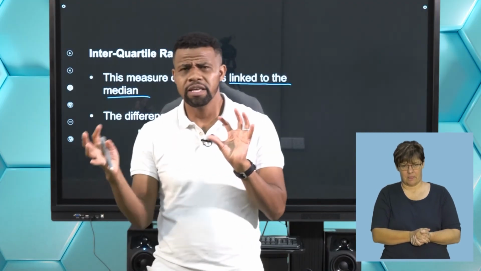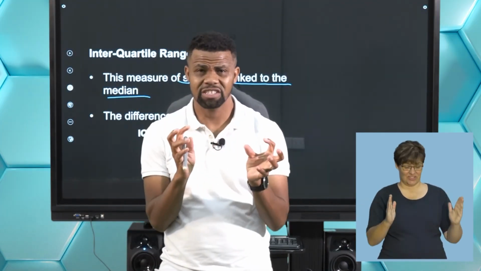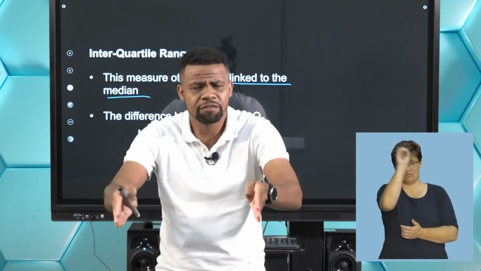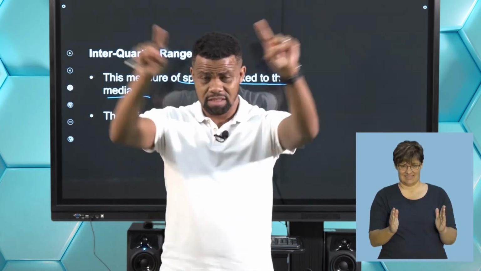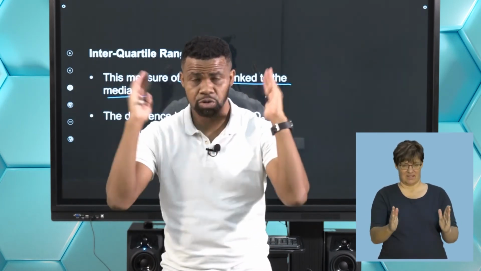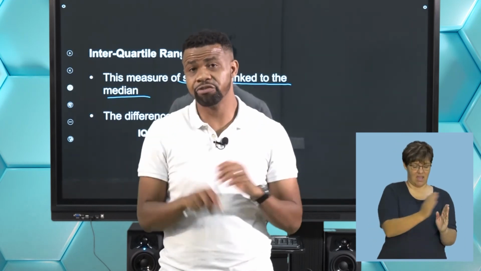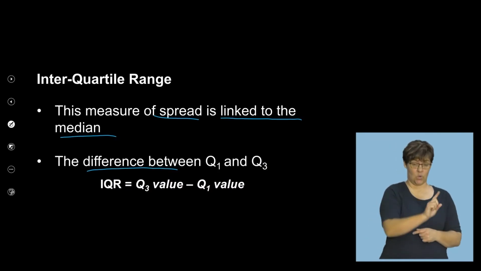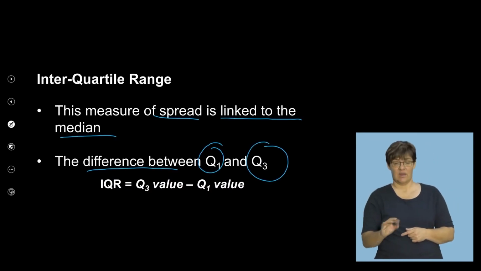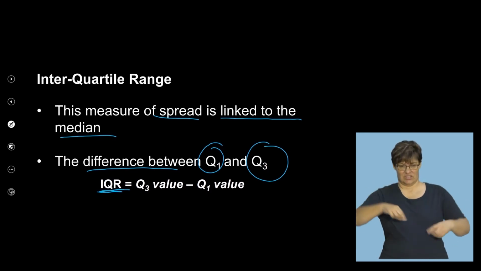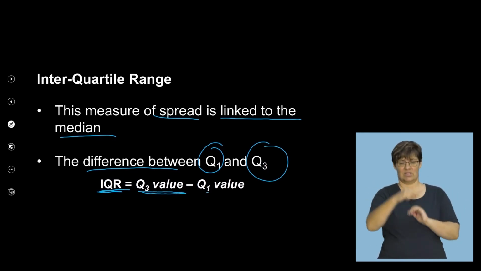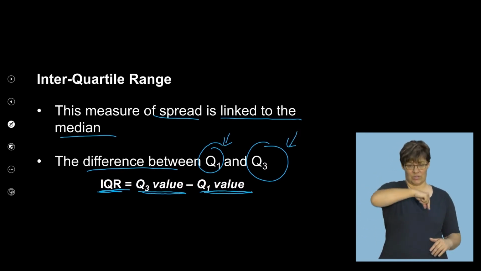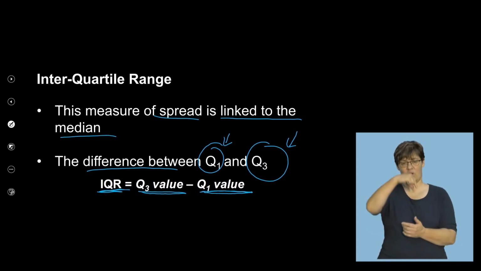The interquartile range is actually the range of the middle 50% of the data, the half of the data in the middle. The difference between Q1 and Q3 will give us the interquartile range. So we need the value of Q3 minus Q1. Remember that this is the lower quartile and this is the upper quartile.